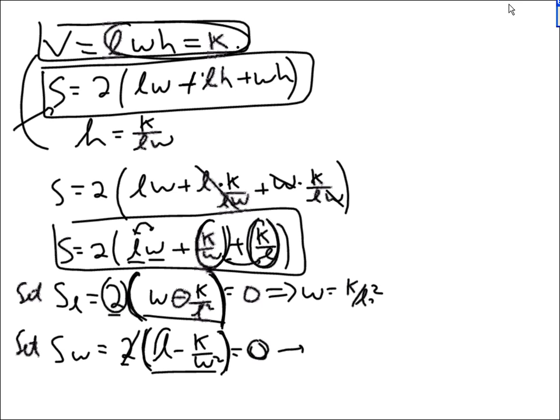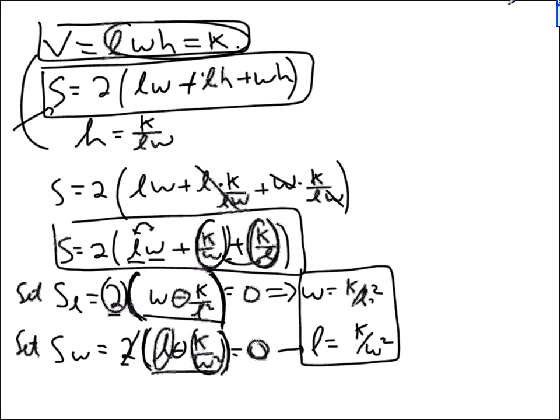And if this minus that is 0, that means this equals that. K over W squared. Okay, so we have these two equations and we want to solve for L and W.